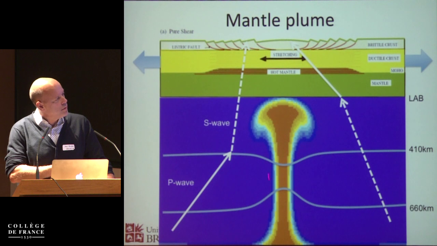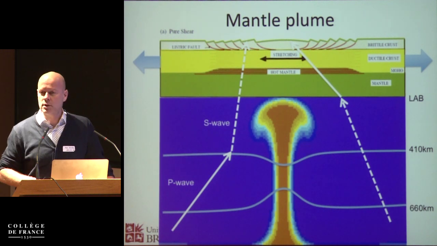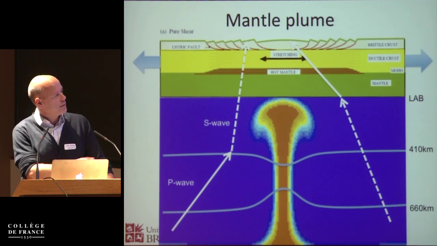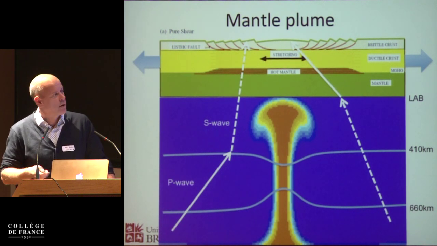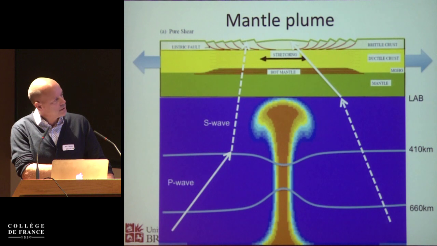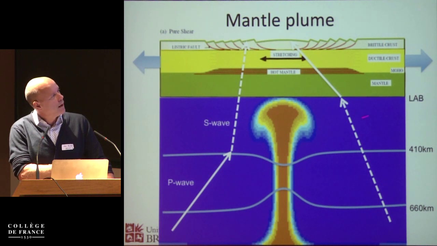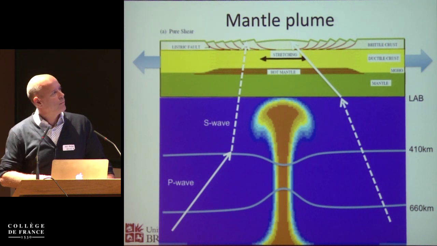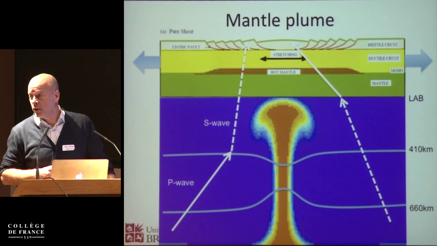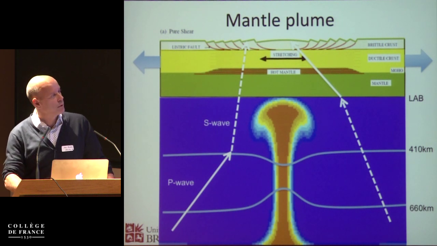If there's a hot plume coming through this region, the mantle transition zone will be thinner because the 410 will be depressed and the 660 will be elevated. So we could look for evidence of that. And similarly, as Kate discussed yesterday, we can look for lithosphere-asthenosphere boundary topography also associated with plume impingement.